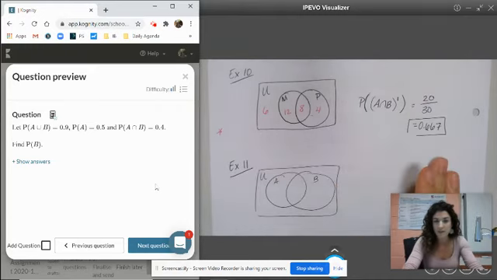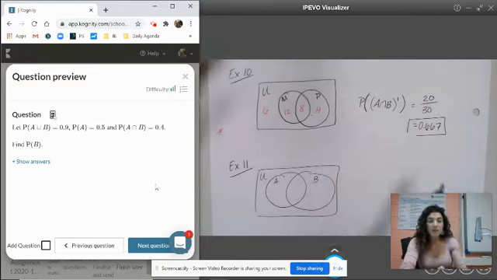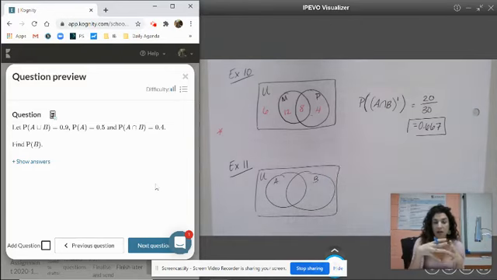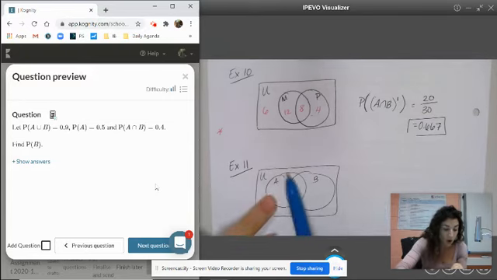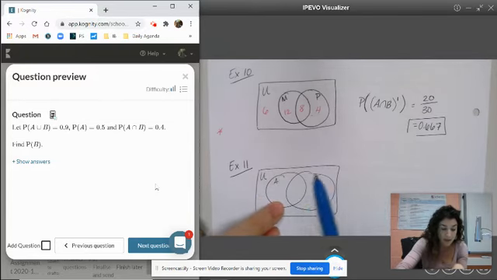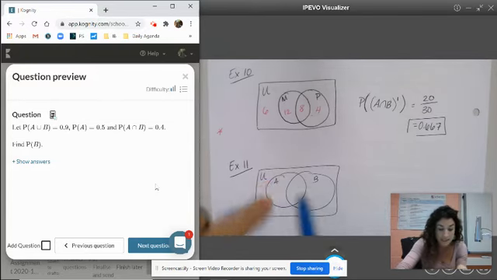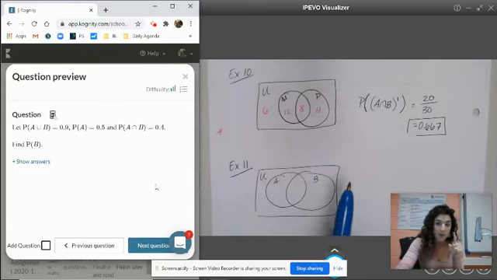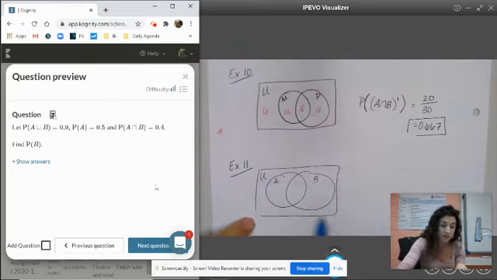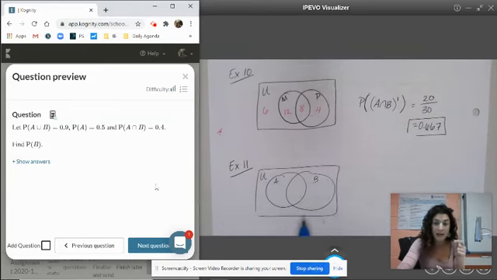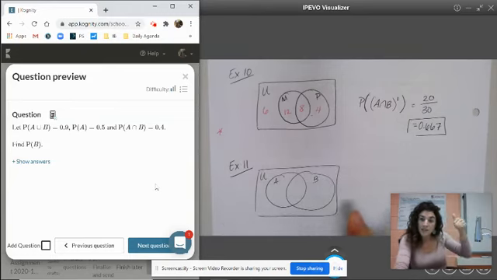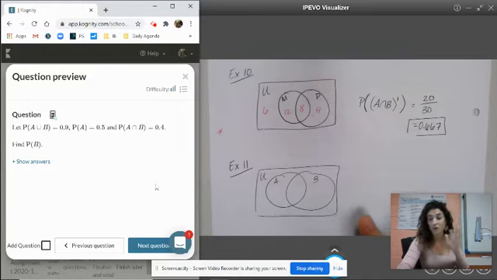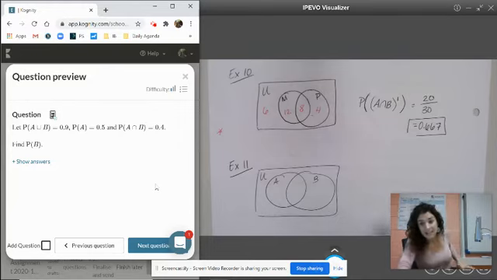And then U on the outside. We know that the probability of A union B, so all of the things together, is 0.9, which means that everything inside of this bubble situation is 0.9, which means that anything outside of that has to add up to the rest to get us to 1. The answer is 0.1, right?